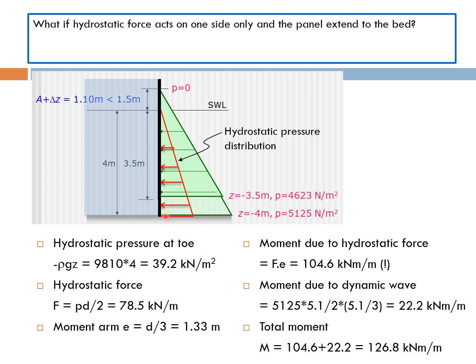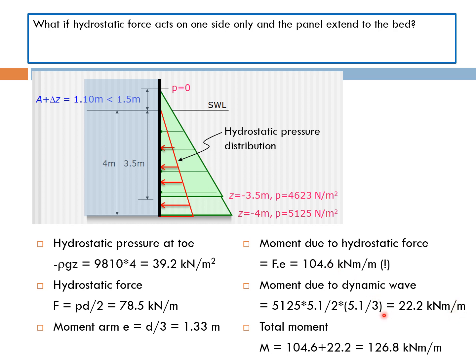Here, the moment on the entire vertical structure will be attributed to the triangular pressure distribution due to the wave, which is 0 at this point and up to a maximum of 5,125 newton per meter square at the seabed level, whereas the moment arm will be given by this entire triangle height divided by 3, so that is 5.1 divided by 3, and so the total moment due to the wave is 22.2 kilonewton meter per meter.